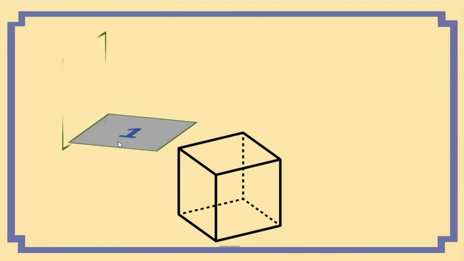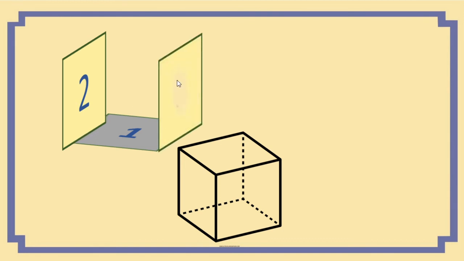Okay. Now here we will keep the second one, or we will fix the second one on one side. This is the third side. Okay. Here this is second and this is the third. Please try to imagine. Okay. Now we will attach the back side, that is fourth side. Got this?